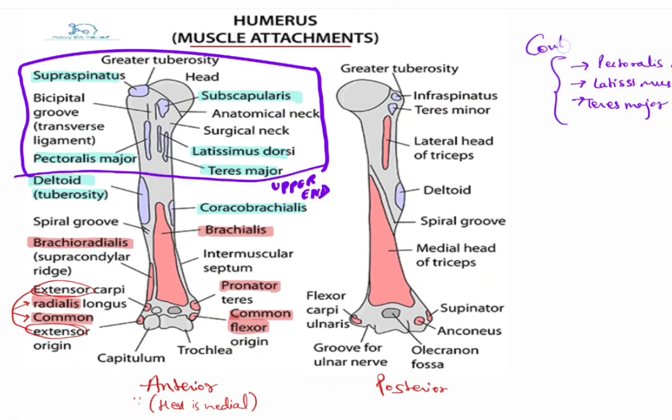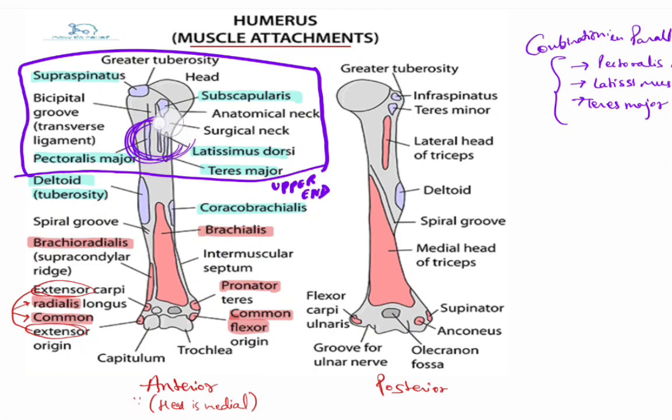These 3 muscles lie parallel to each other, having their insertion on the upper end of the shaft of the humerus on the anterior aspect. Okay, so 2 rotator cuff and 3 parallel: pectoralis major, latissimus dorsi, and teres major.